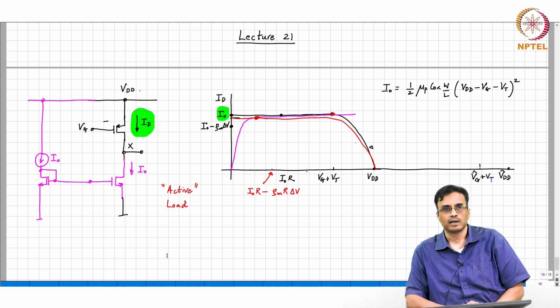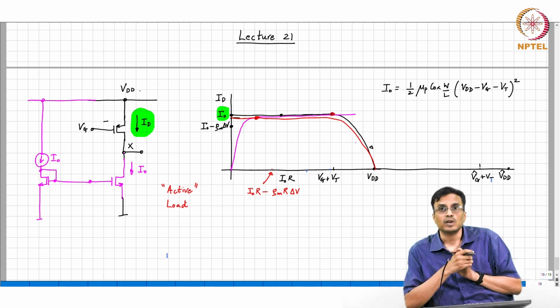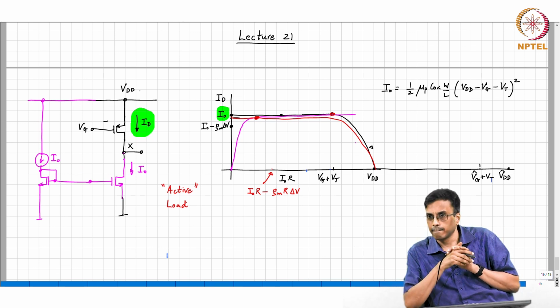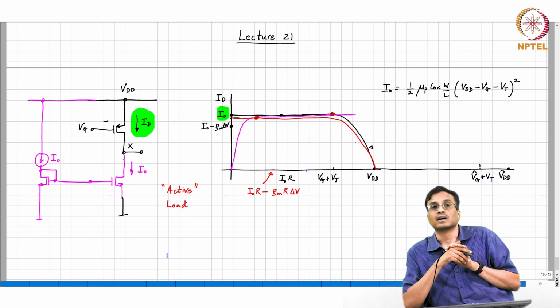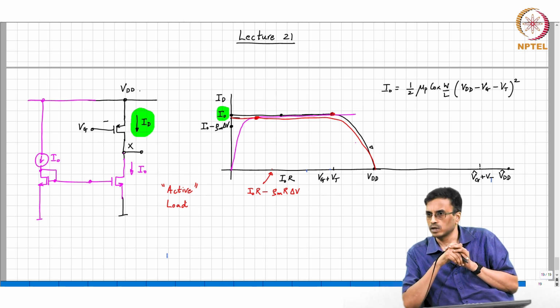All right. And as you can imagine, this is an extremely useful technique because it allows you to get a very large incremental gain. You would have to increase the VDD by a large factor, right? Whereas here, by using a transistor, you are able to get a large incremental gain with only a small supply voltage.